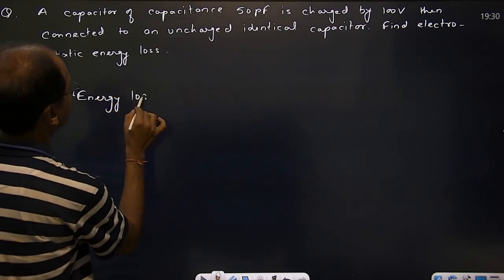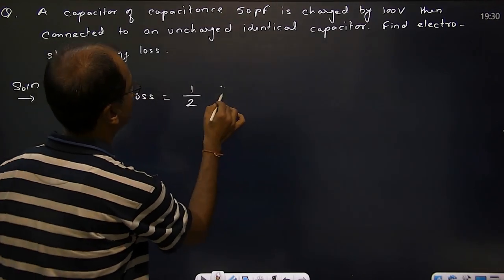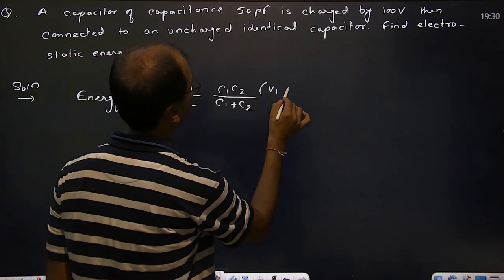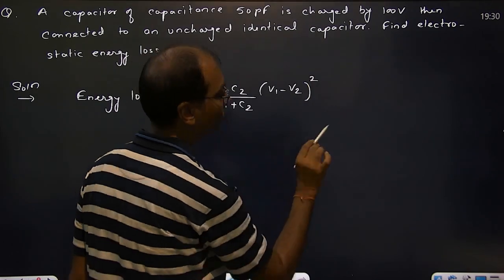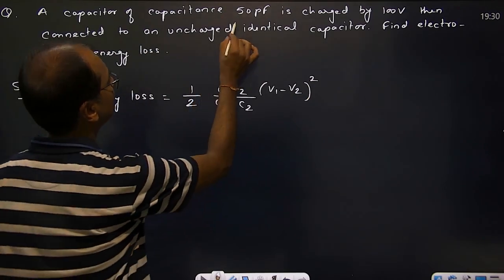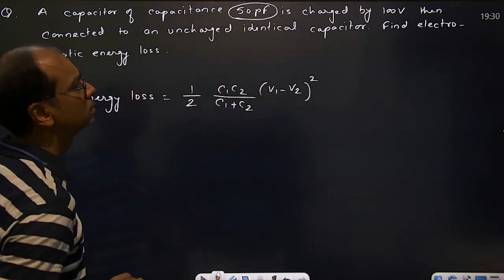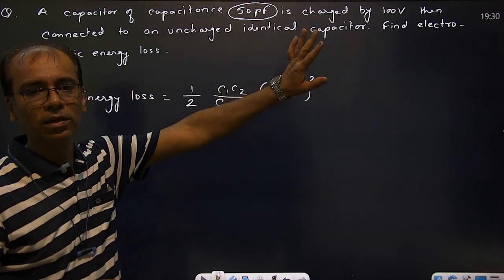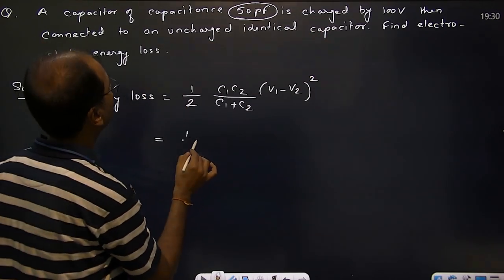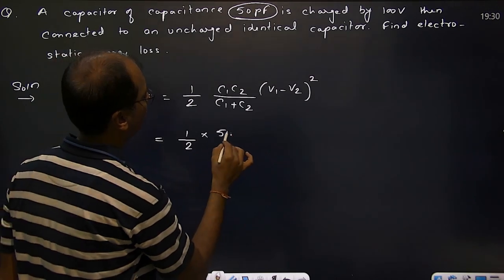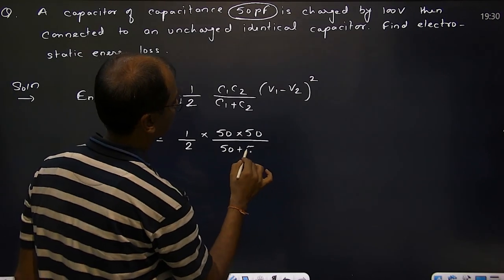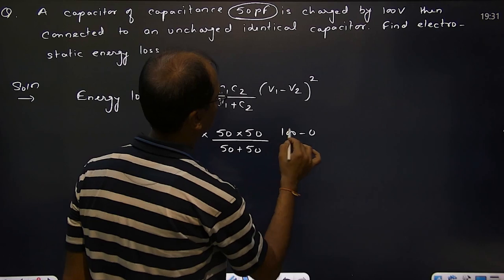It is half C1 C2 by C1 plus C2 into V1 minus V2 whole square. If you remember this formula, you have to do nothing. Just keep the values. So he says there are two capacitors and both are having same capacitance. One is charged with 100 volt and another one is having no potential.